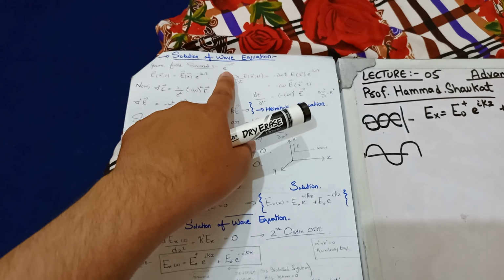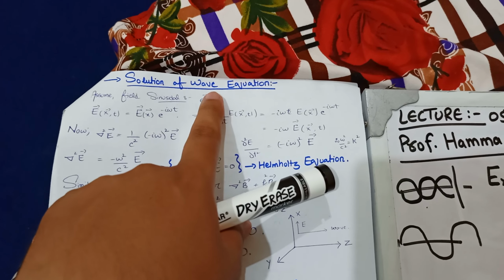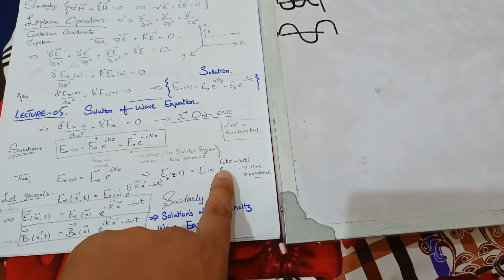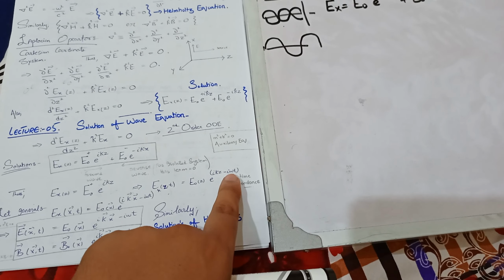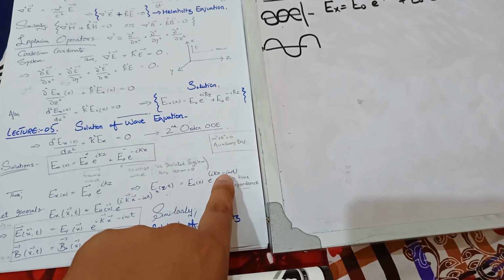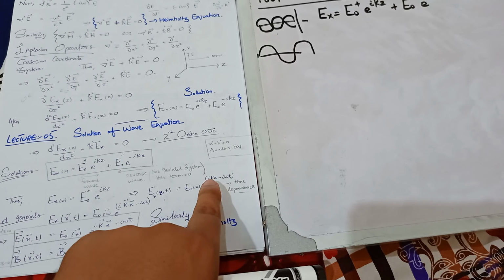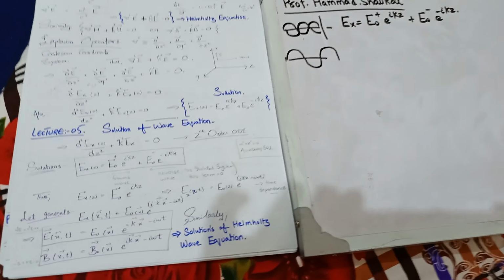Due to the time factor, we take the wave function e power minus iota omega t. Since the base is the same, exponential, the powers add: e power iota kz is for space coordinate, and e power minus iota omega t is for time coordinate. When you combine them you get e power minus iota kz minus iota omega t.